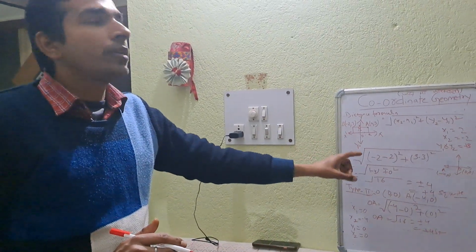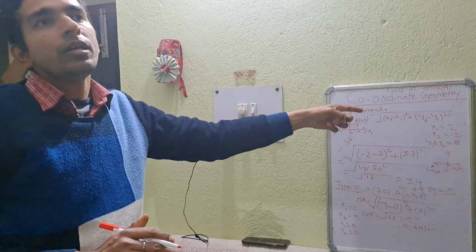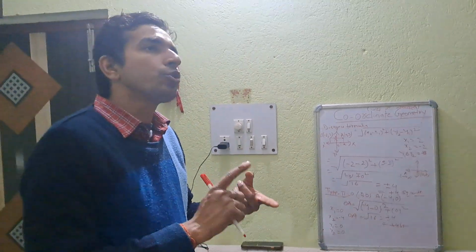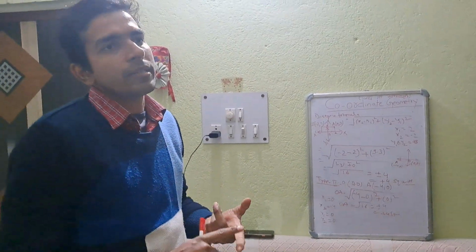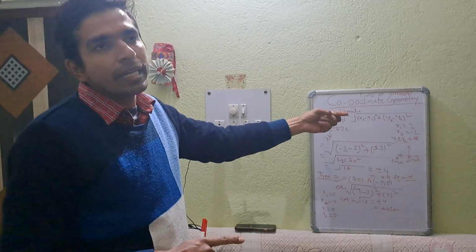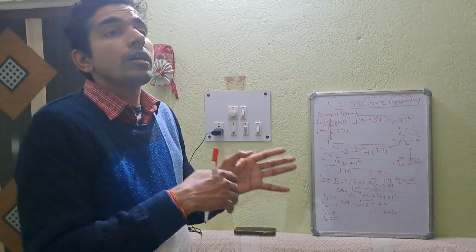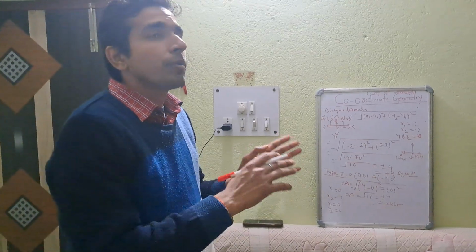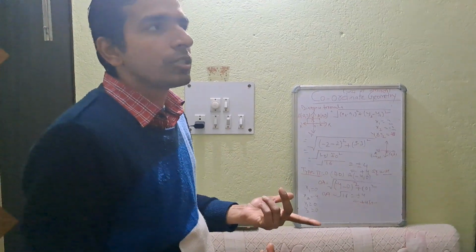This formula is applicable for 2D, where length and breadth are given, only 2 axes are given, that is x axis and y axis. We will be extending this formula for the third coordinate, that is z axis, and that will be applicable for 3-dimensional.